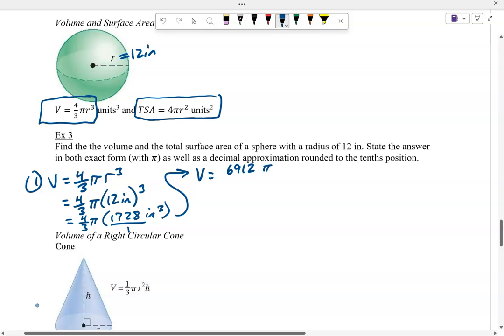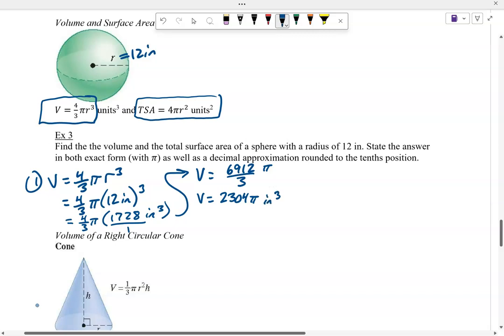I got that pi still. 3 times 1 is 3. So I got 2304 pi as my volume, and it's in cubic inches.